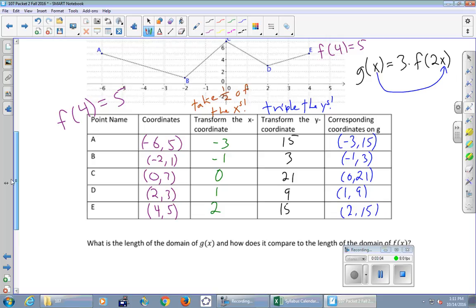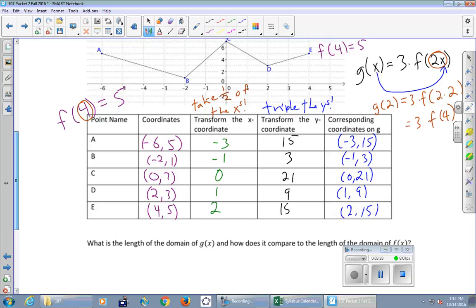So if I want to put a number in for x so that this thing inside of my f function is 4, right? I'm trying to put a number in so that I still get 4 in the parentheses. Given that the x is about to get doubled, what x do we need to put in? We need to put in a 2, right? g of 2 is 3 times f of 2 times 2, and that's really saying 3 times f of 4.